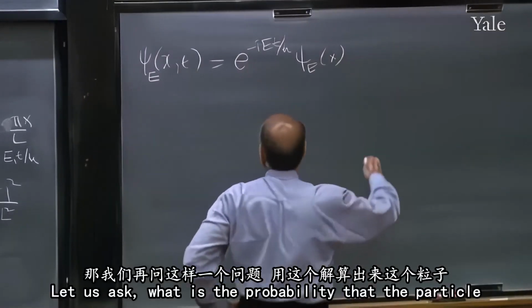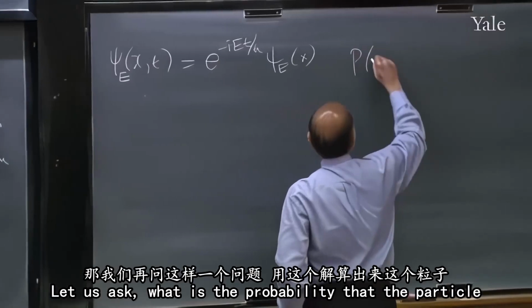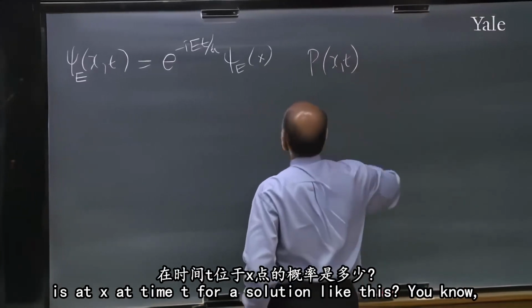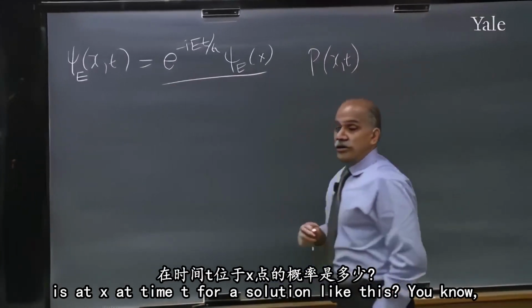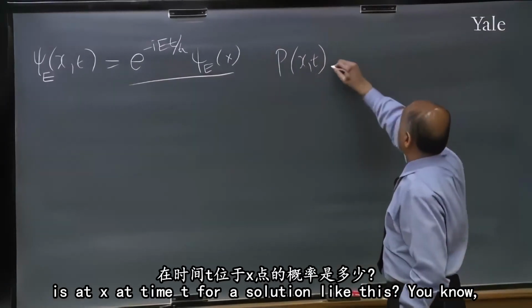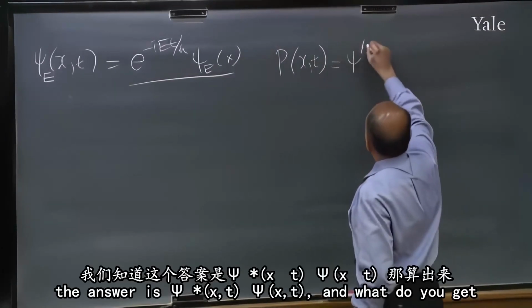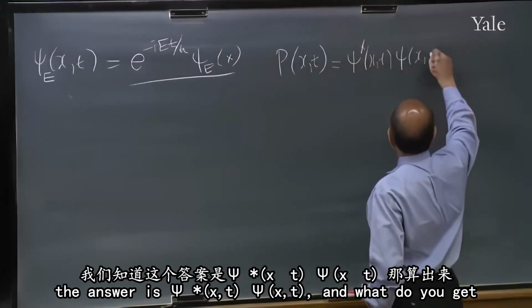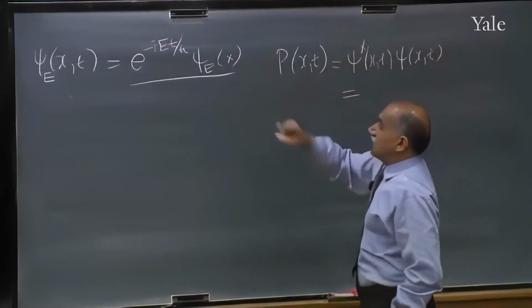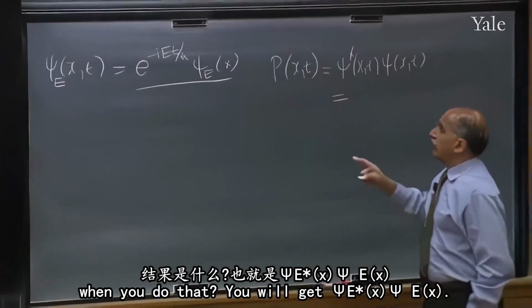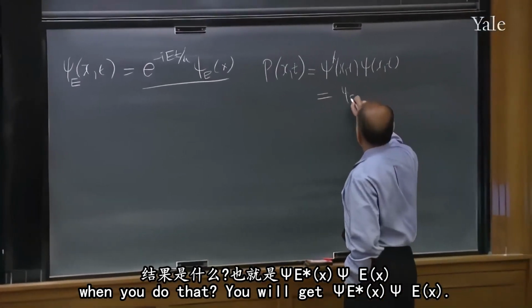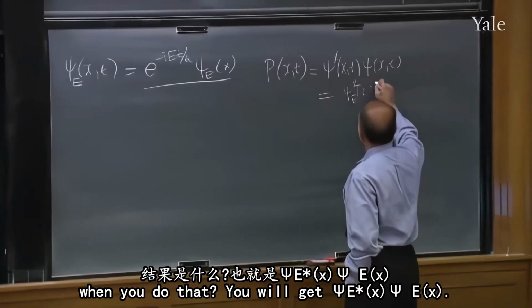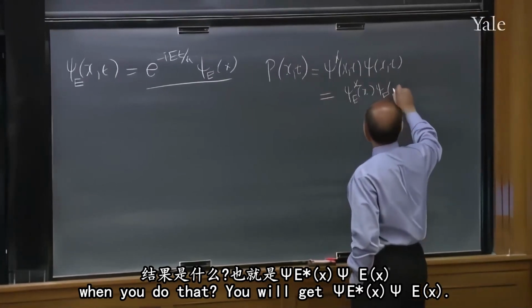Let us ask, what is the probability that the particle is at x at time t for a solution like this? You know the answer is psi star of x,t times psi of x,t. And what do you get when you do that? You will get psi_E star of x, psi_E of x.